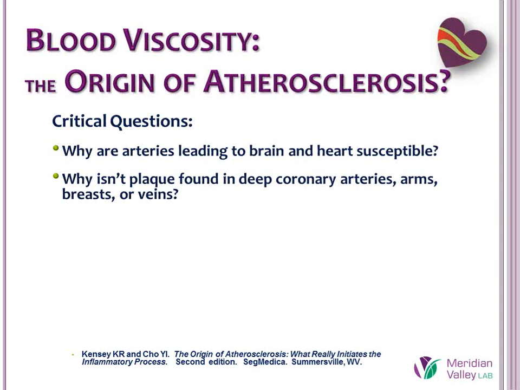And why, when a vein is used in an arterial bypass, does it arterialize and start developing plaques? If atherosclerosis is caused by a biochemical process, why is it region and site-specific in the vascular system rather than uniformly affecting all blood vessels?